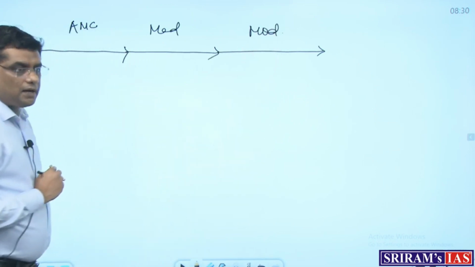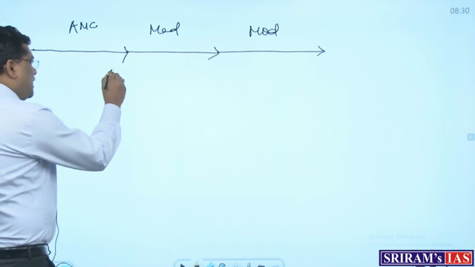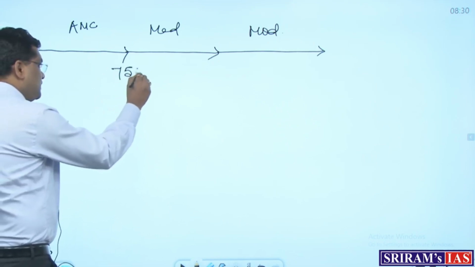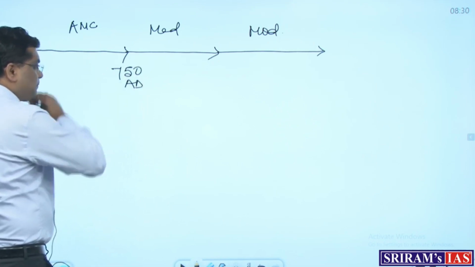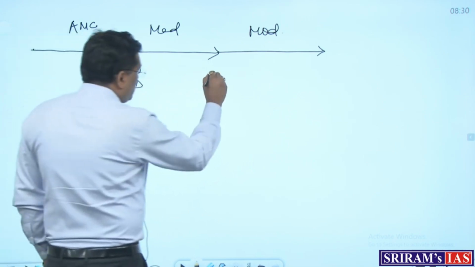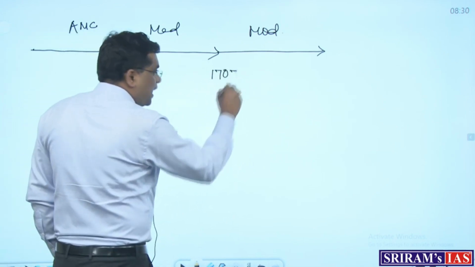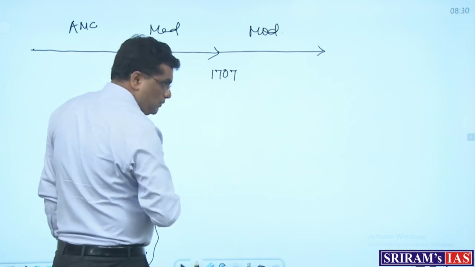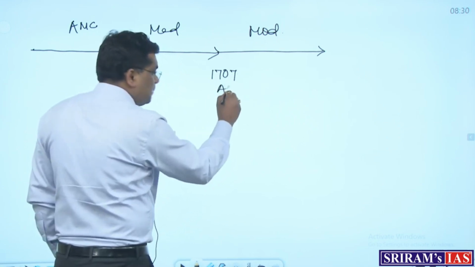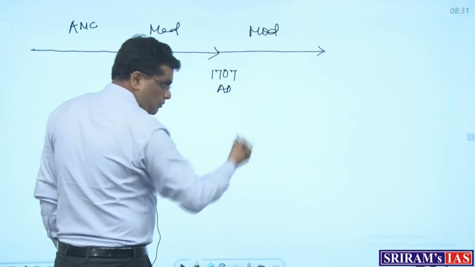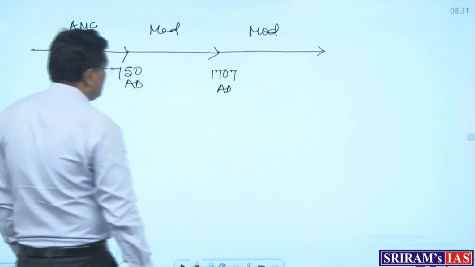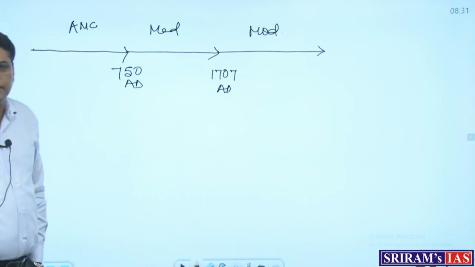According to our NCERT, we have 750 AD as the end of ancient India. Before that is ancient. 1707, when Aurangzeb, the Mughal ruler, died, we call it the end of the medieval period and beginning of the modern period. This is the proper division done in Indian history.